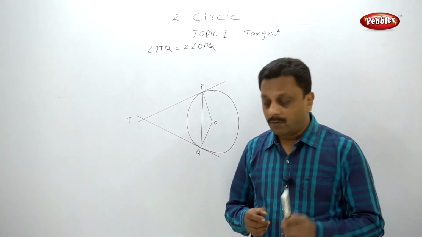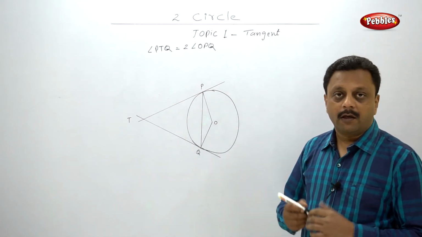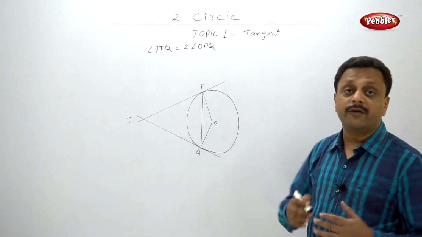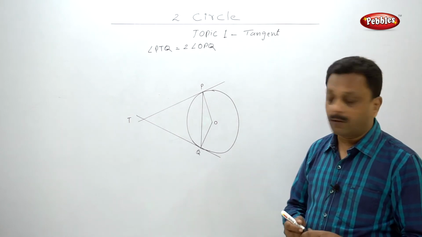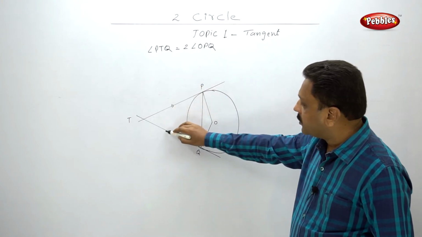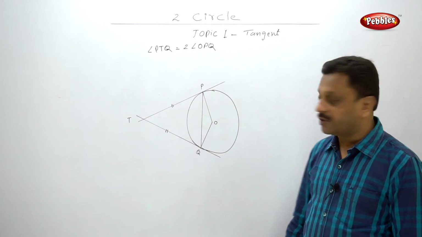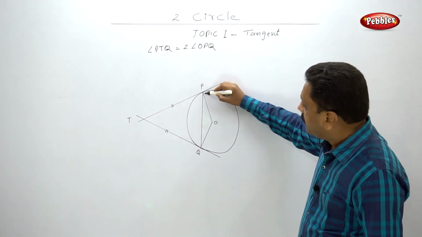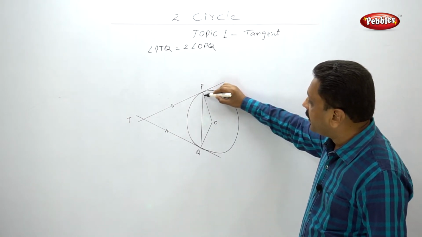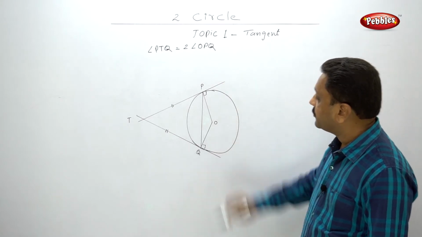Okay, now before going ahead, let us examine the figure and find out what we know about this figure. First, I know that this side is equal to this side because tangent segments are always equal in measure. I know that since this is a tangent and this is a radius, this is 90 degrees, and also this is 90 degrees.